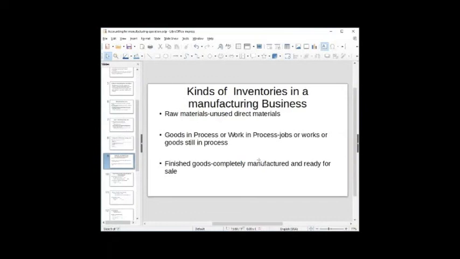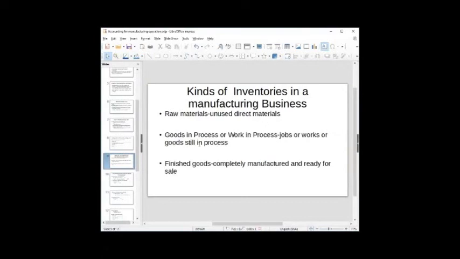So different series of works are categorized as work in process. Once transferred from the warehouse to the production department, the raw materials will now be categorized as work in process, or what we call WIP.